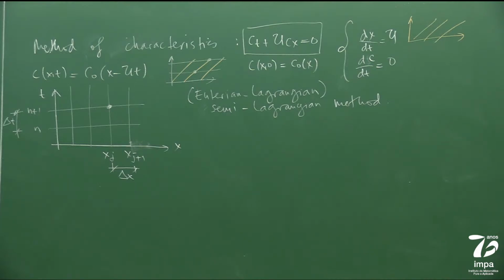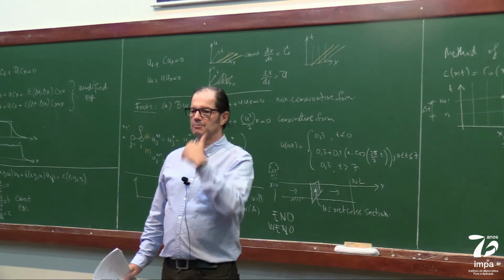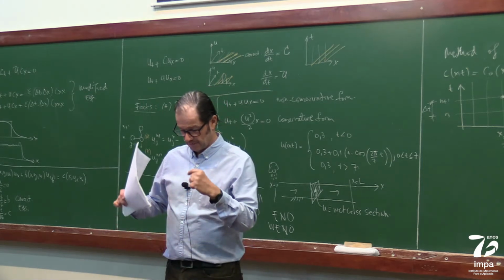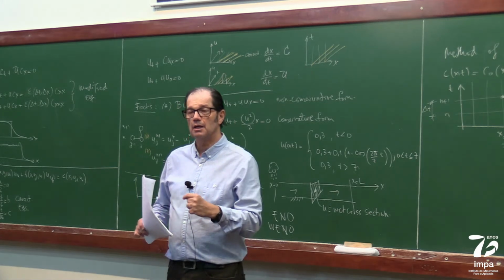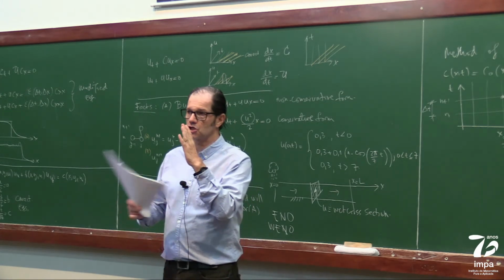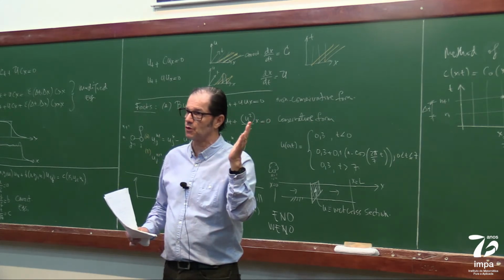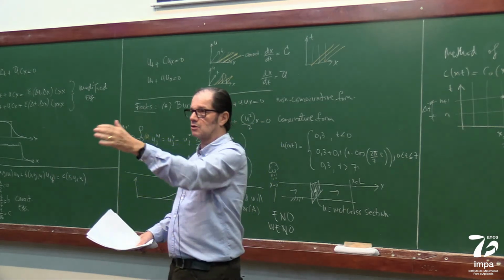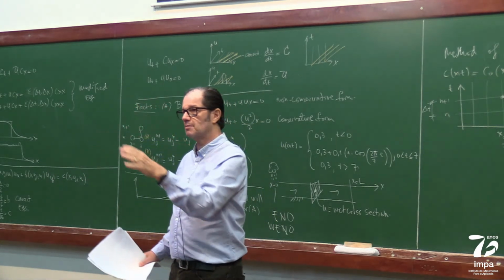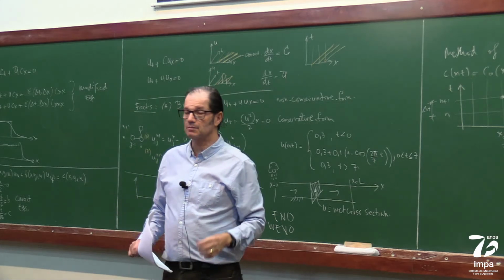Those of you who have done fluids already know what I'm talking about. Those of you who have not done fluids, no big deal. Eulerian grid just means the usual grid we're looking at, this fixed grid. So I'm going to stand on the point x_j, at time t_n, checking what's coming by through this point, this observation station, okay? And somebody else could be at another grid point, like Marcio, x_{j-1}, checking what's passing by there.